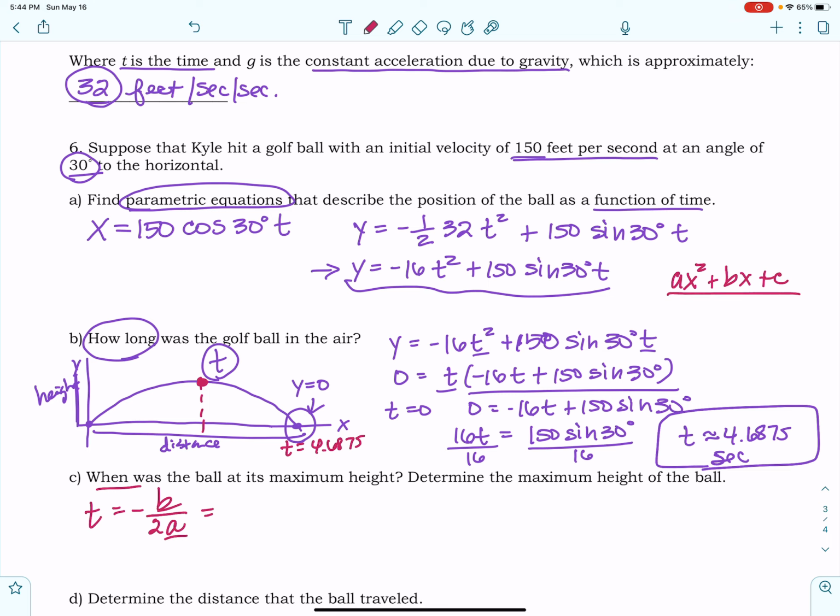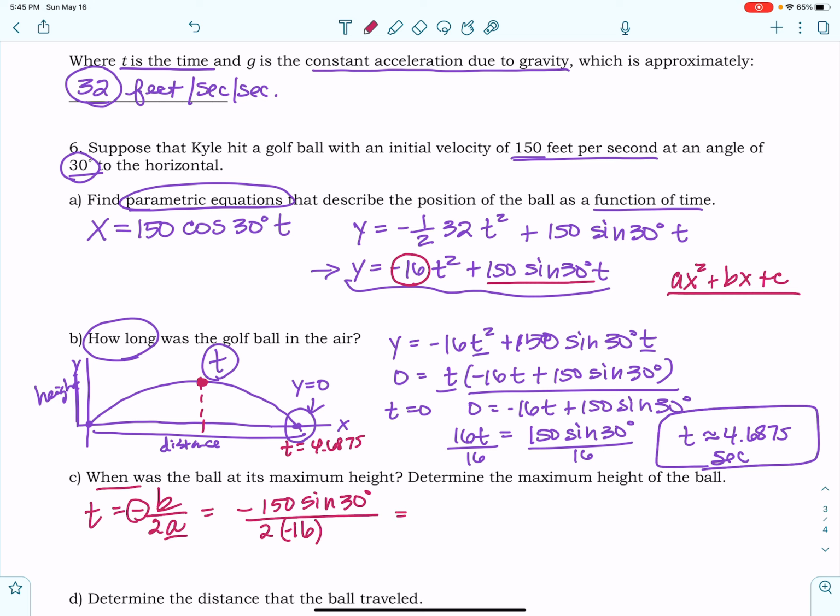So that means that a is negative 16 and b is 150 sine 30. So this is going to be a negative b because of this right here. So I've got negative 150 sine of 30 degrees over 2 times negative 16. Focus up.